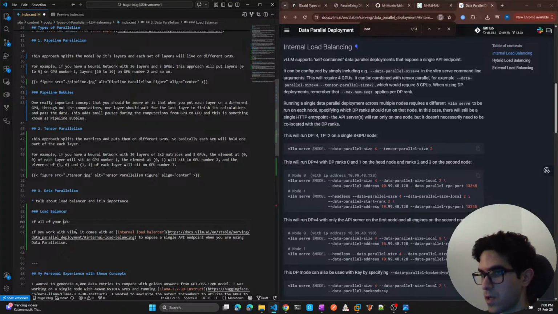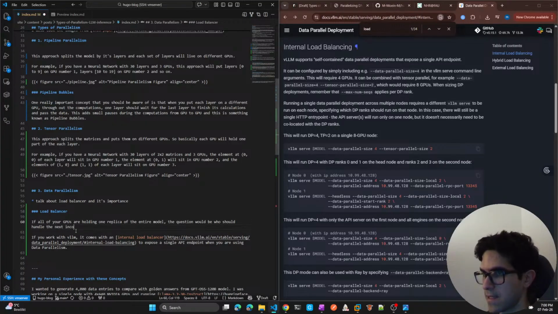If all of your GPUs are holding one replica of the entire model, the question would be who should handle the next incoming request. This is something that is handled by a load balancer.